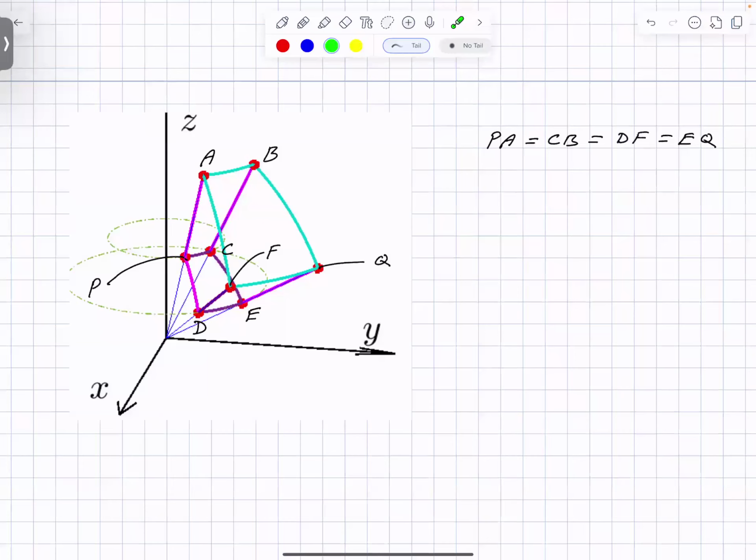Those lines are along the radial lines, right? So the change is only in the R direction. In the inner sphere, the radius is R. In the outer sphere, the radius is R plus dr. So when we move from this point P to A, we're making a change of dr in the R direction. So these lengths are dr.